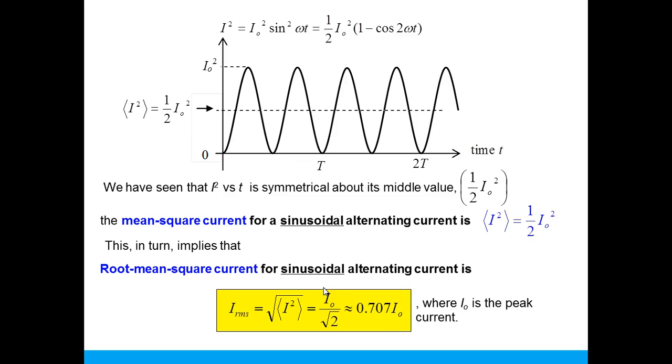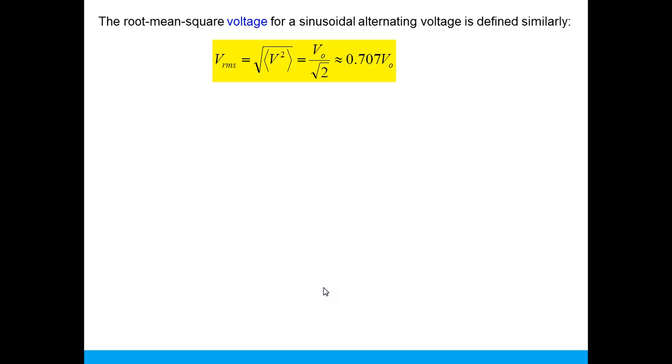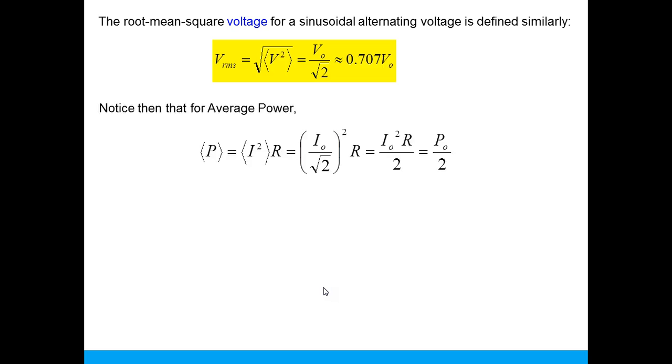At this point, if you're confused by everything that I've said before, this is the one equation that you have to commit to memory. The root mean square current is the peak value I0 divided by square root 2. Hence, we can derive also the root mean square value for voltage to be V0 over square root 2, and the average power.